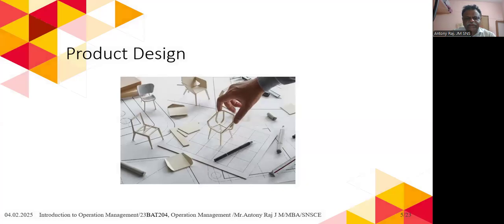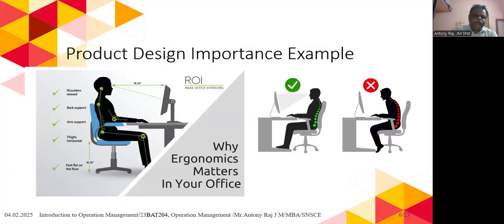Product design is a very important part of operation strategy. Everything with respect to manufacturing starts first with the design. So product design is a very key component. For example, we have an office seating chair, and ergonomics is a very important concept. If you look at the visuals, you see there are two: one is the wrong one, and the other is the right one.